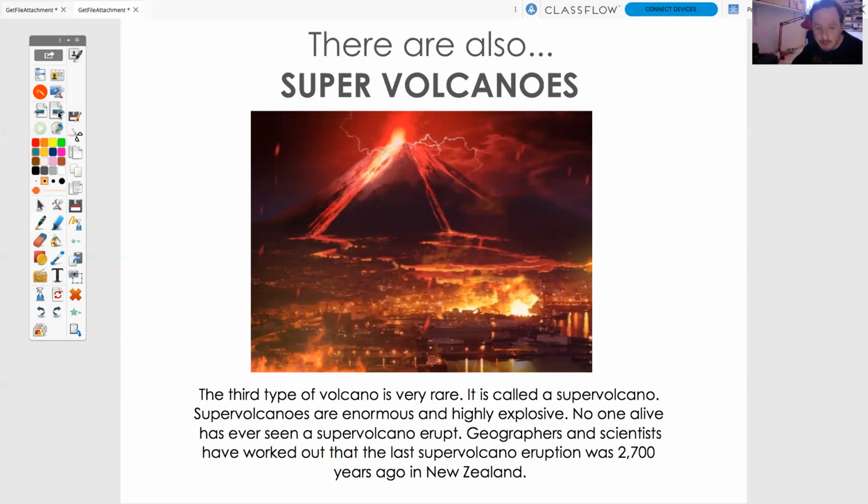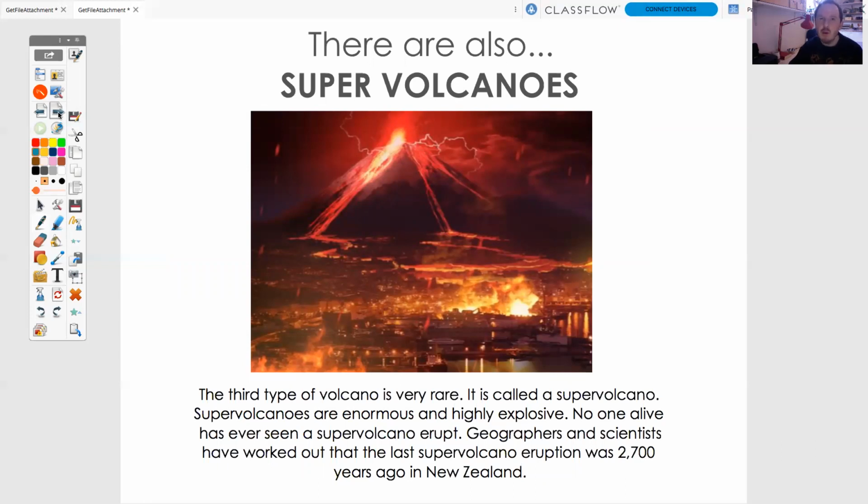Now, the third type of volcano, it's quite rare, this super volcano. They're enormous and are highly explosive. No one alive has ever seen a supervolcano erupt, okay? Geographers and scientists have worked out that the last supervolcano eruption was about 2,700 years ago in New Zealand.